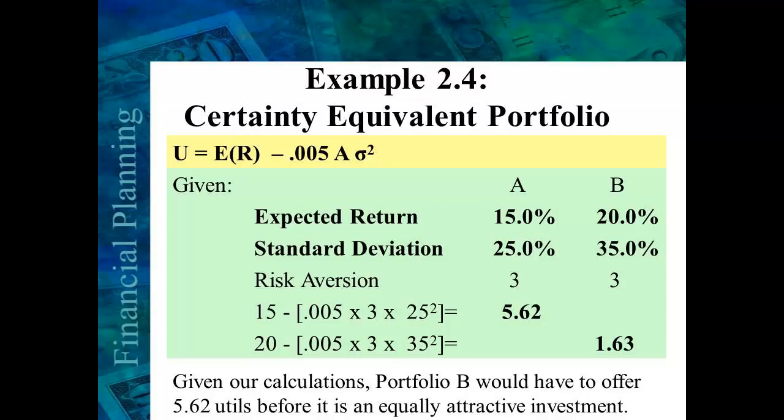Based on the utility formula ER minus 0.005 times A times the variance, you calculate utility of 5.62 utils for portfolio A. Calculating the utility for portfolio B, you find that it only offers 1.63 utils to the moderate investor. That means that portfolio A would be selected.